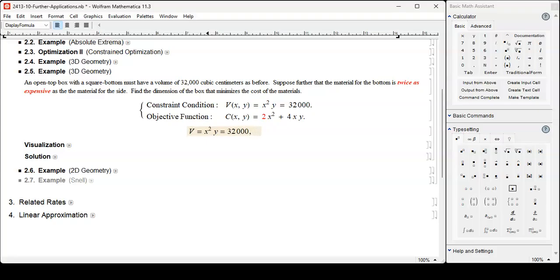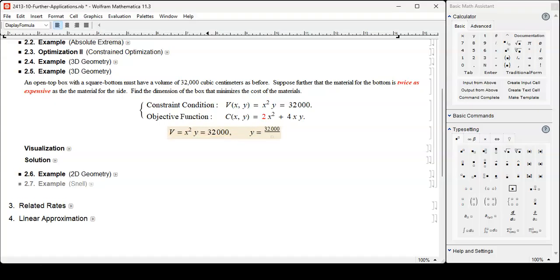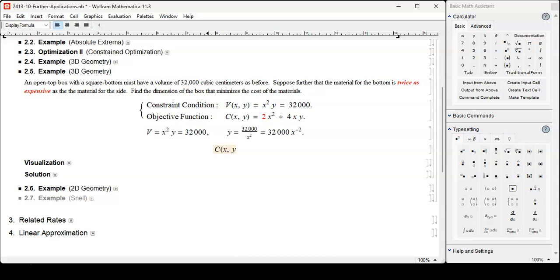So y is 32,000 over x squared, which is 32,000 x to the negative second power, and put that into the objective function, and y is this one right here.